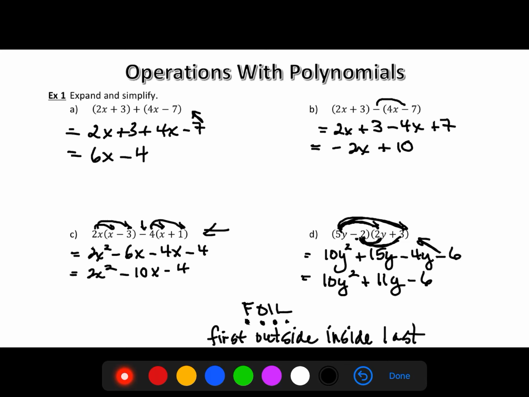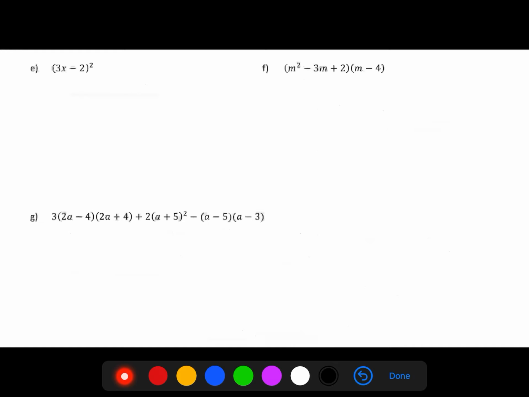Okay, if we want to remember those steps in that order as well. And remember that our outside and our inside terms are our like y terms, so we can combine them while we're doing this if we want to go straight to this answer here, which is going to save you a little bit of time down the road once we get to more complicated questions.